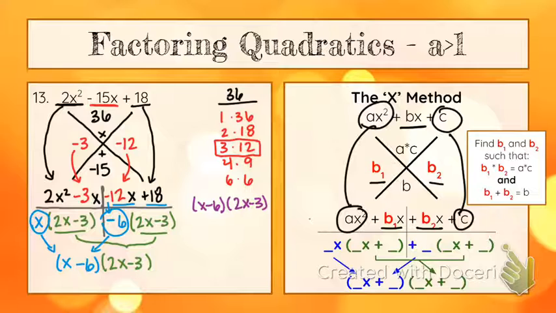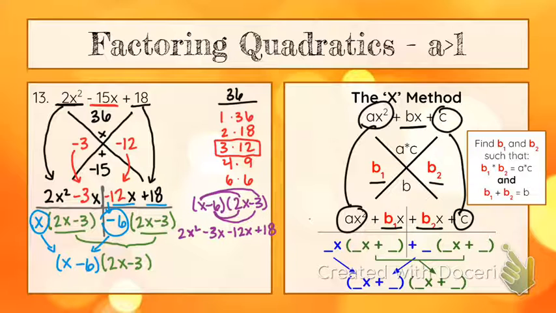So whenever you do the FOIL method, what you can do is you can say, I want to multiply the first numbers. So first times first, that gives us 2x squared. Let me write that a little further to the left, 2x squared. And then outside times outside is negative 3x. Inside times inside is negative 12x. And last times last is positive 18.